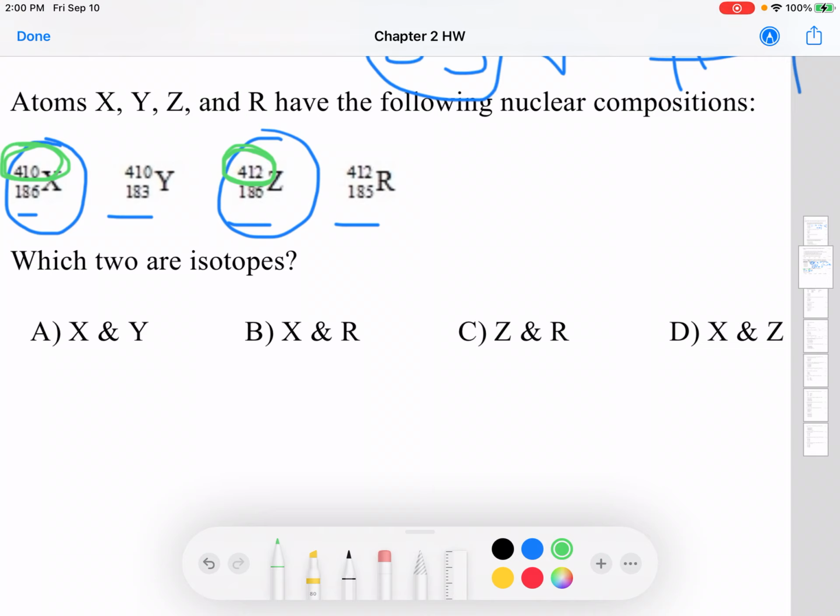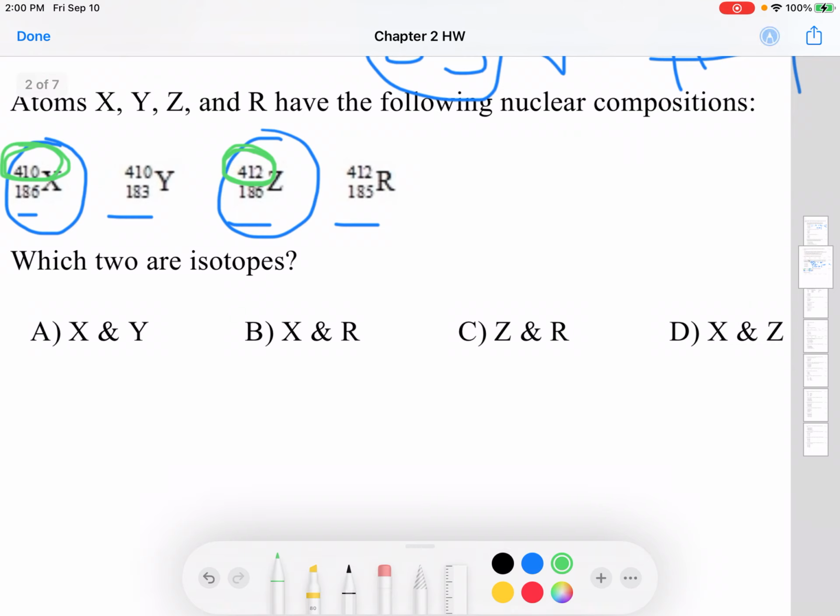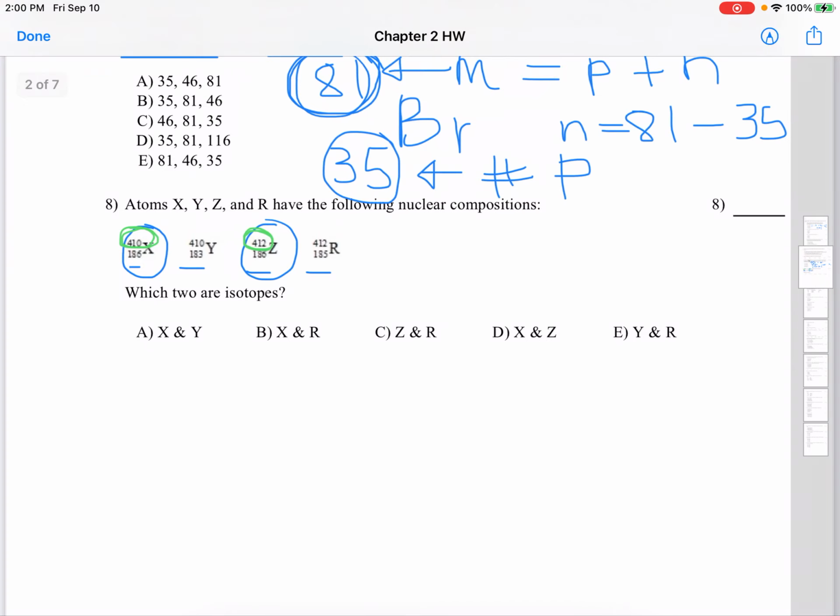The difference would be 2 neutrons, because one is 410, the other one 412. So subtracting your number of protons, 186, will give you the number of neutrons. So the isotopes have the same number of protons, but they have differing numbers of neutrons. Okay, so now you know the correct answer for that.